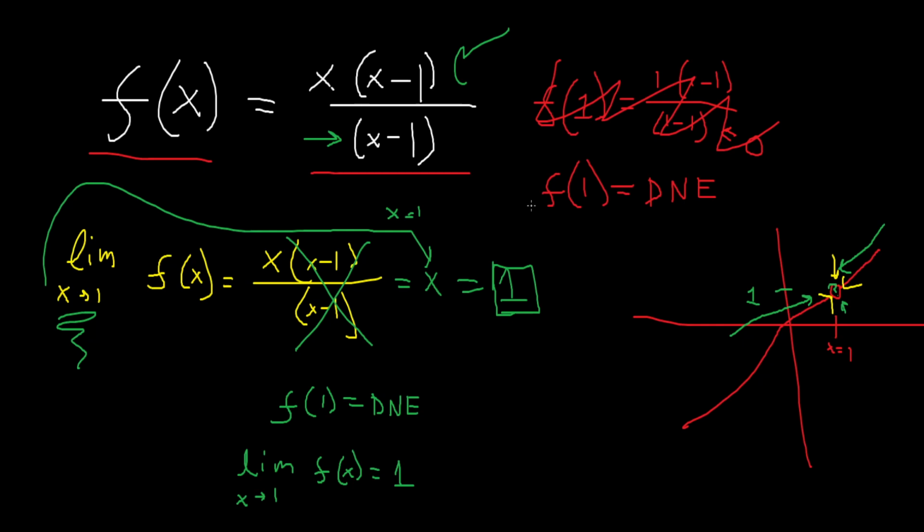What the heck is going on? What do you mean it doesn't exist? It exists everywhere else. The algebra says it should exist, but the algebra only applies when we're talking about the limits, because technically that x minus 1 is in the original, so we have to respect that it's there. But the limit lets us kind of ignore that.